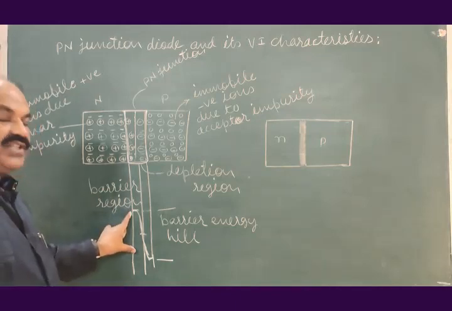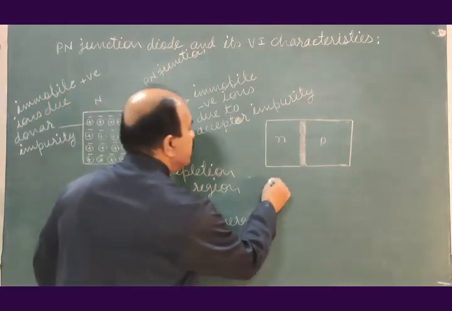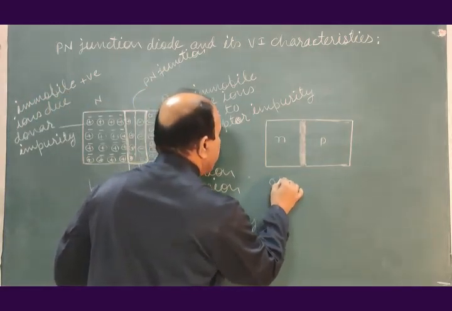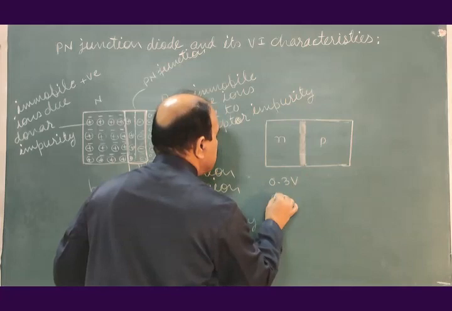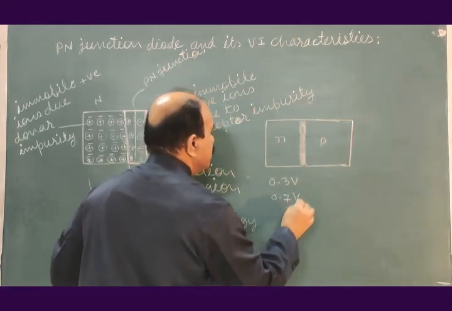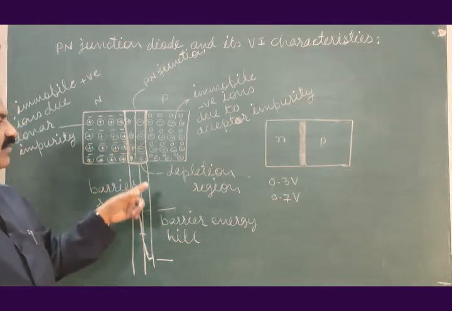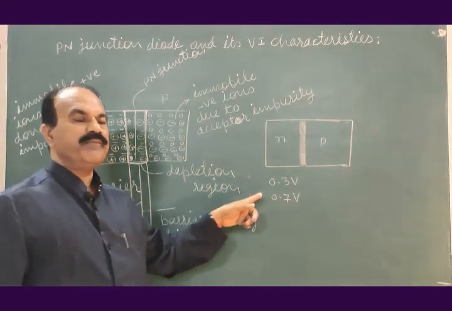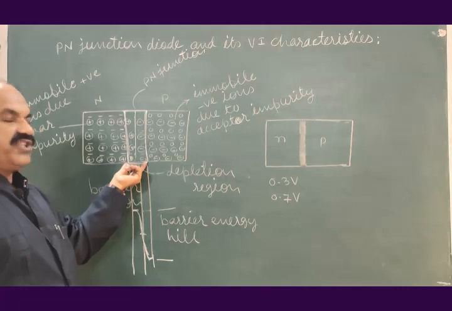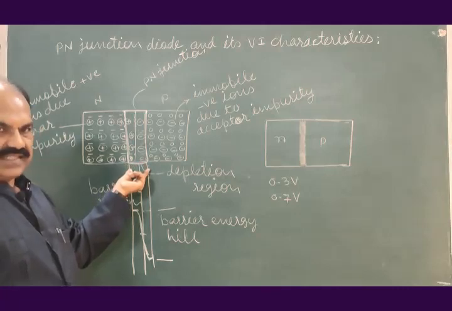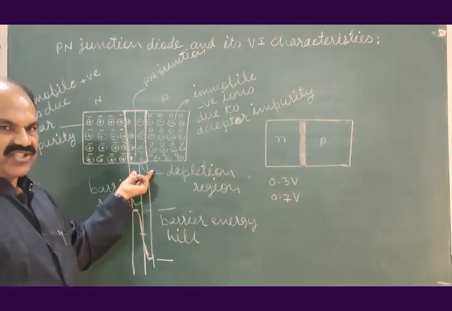This much energy is about 0.3 volt for germanium and about 0.7 volt for silicon. If this diode is made up of germanium, this is the width of the depletion region.